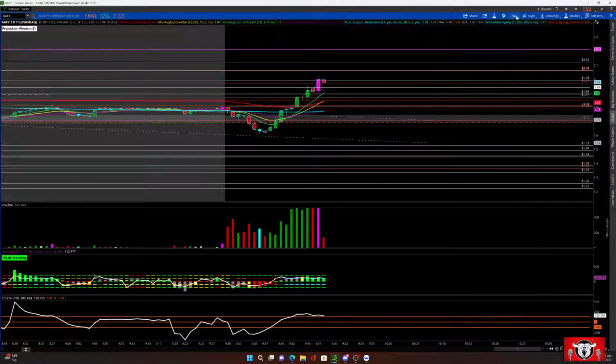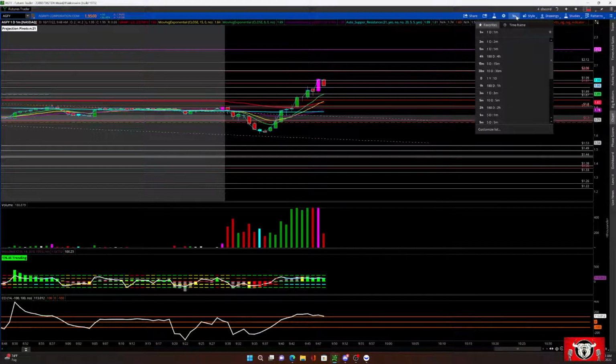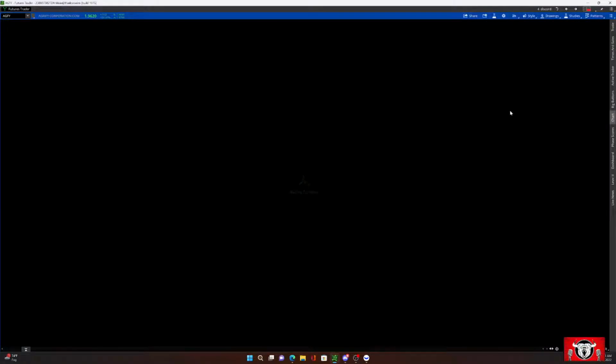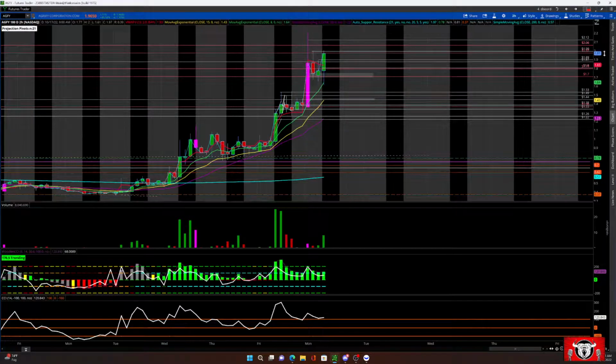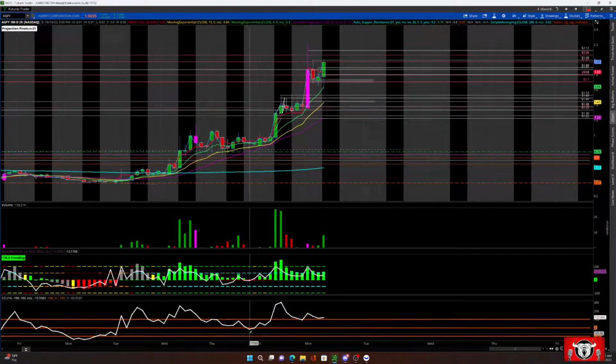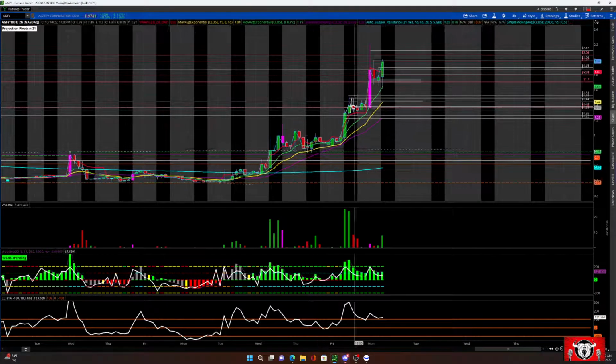Indecision. There's a small supply zone, small demand zone right here. So that's that flag I was talking about, Devin. It's flagging up.